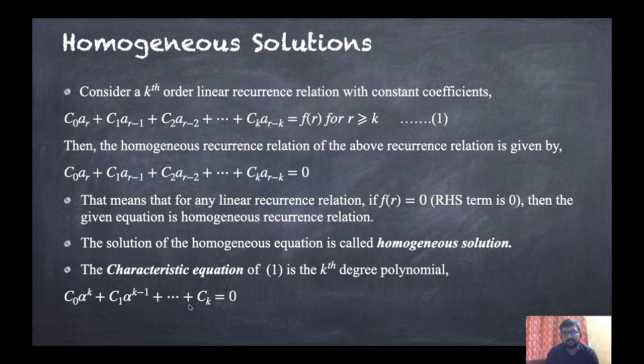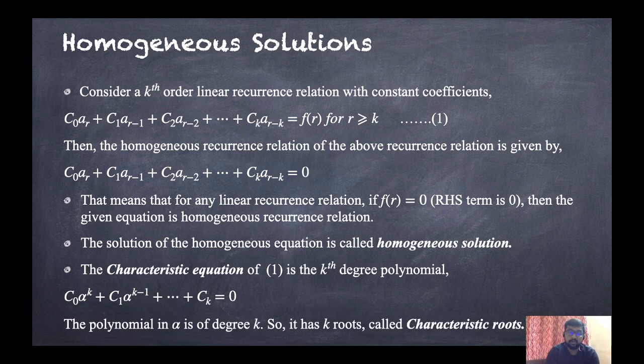We will discuss it in an example. This polynomial in alpha is of degree k, so it has k roots and they are called characteristic roots.